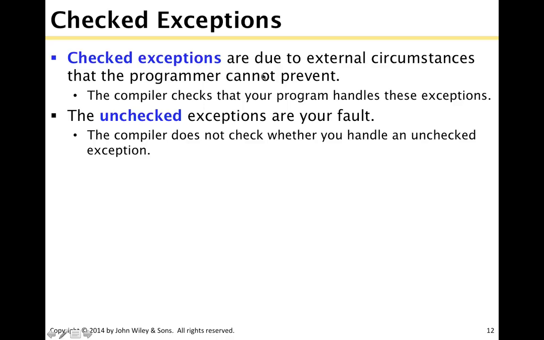So checked exceptions are due to external circumstances that are beyond the programmer's control. But in the Java language, the compiler checks whether your program handles these exceptions correctly or not. So if you don't handle problems that could occur under checked exception cases, you have a compile error. But unchecked exceptions are your fault, so you need to fix them. So the compiler does not complain about that.